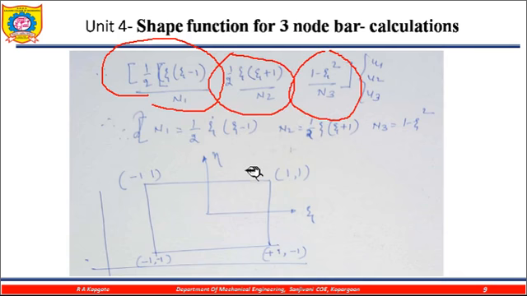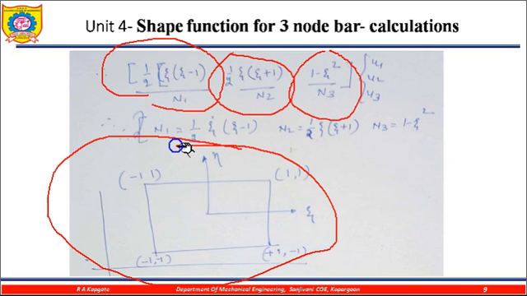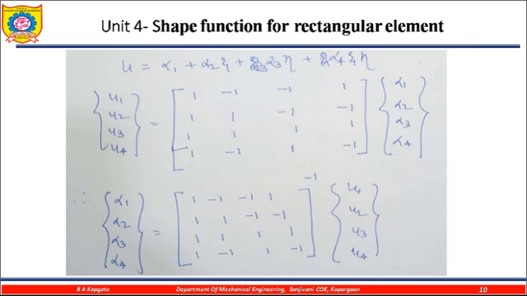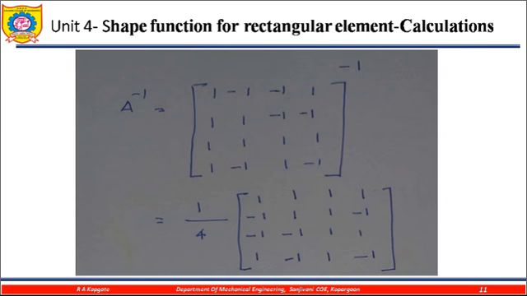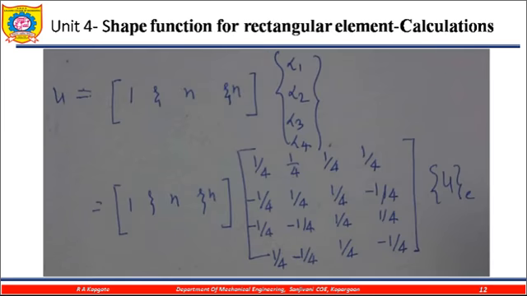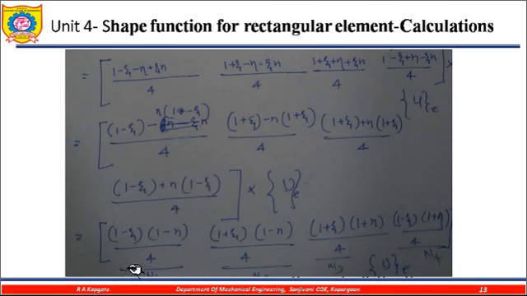Now another problem, for 2D. I have taken the rectangle. These are the values of xi and eta, and accordingly I am finding the shape function. So finally I get the shape functions: this is my shape function n1, this is shape function 2, this is 3, and this is 4.